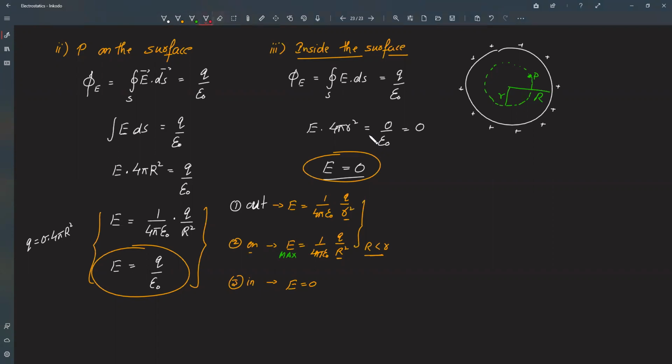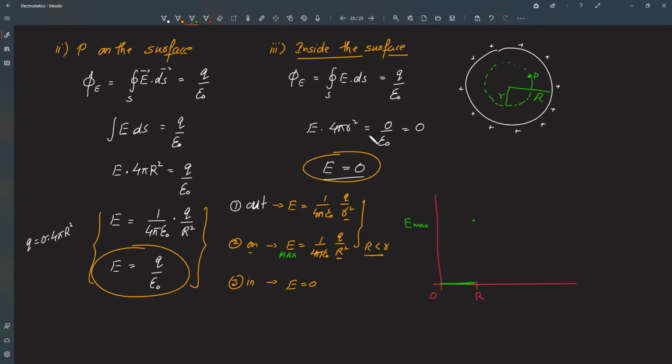If you have to plot this, you can do it like this. Say from 0 to R, let's say this is distance 0 to R, right? What is the electric field? It is 0. So the electric field here is 0, that is inside the sphere. As soon as it becomes R, the electric field reaches the maximum value, that is Emax.